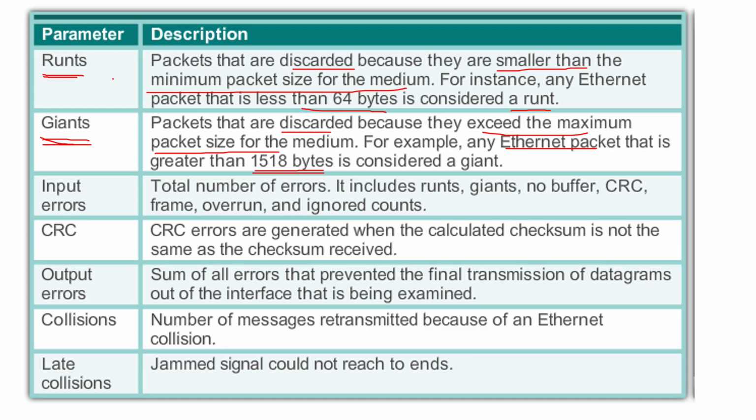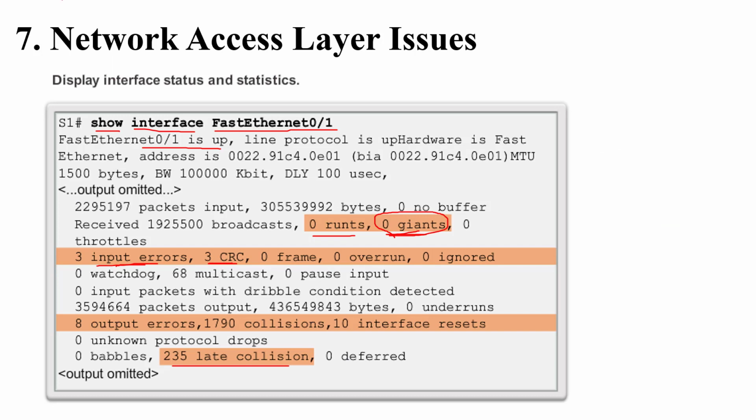We cannot consider this a frame or Ethernet packet. It will be dropped. In the previous case, you can see 0 runts. We don't have any runts in this interface. We have not received any runts in this particular case.